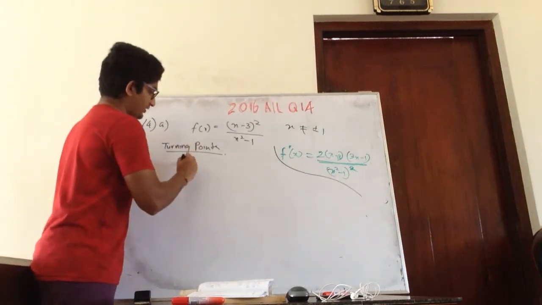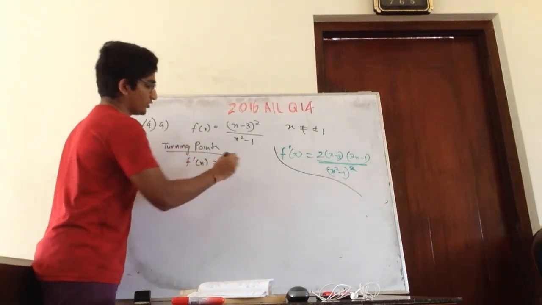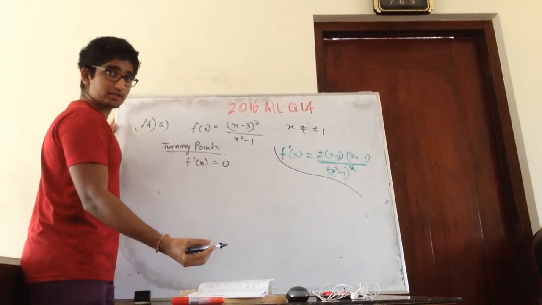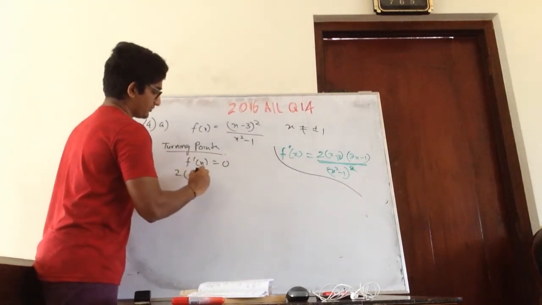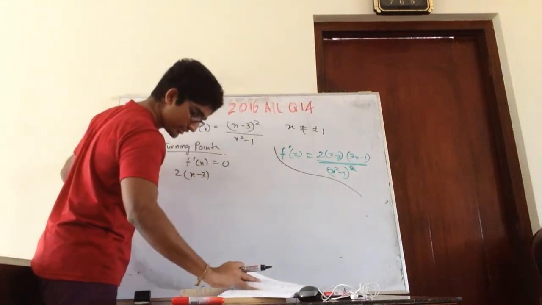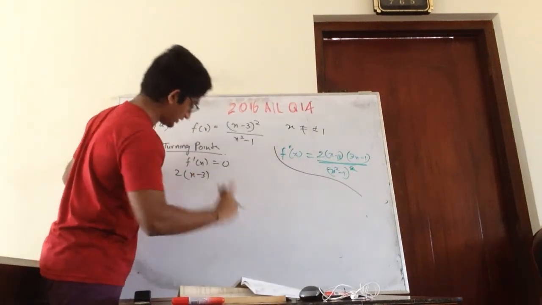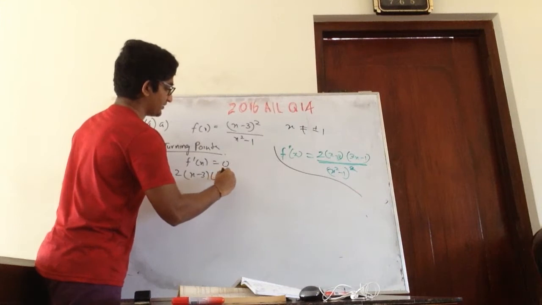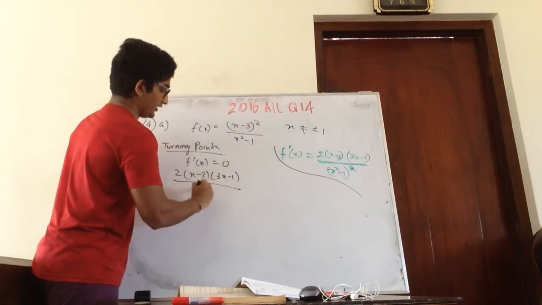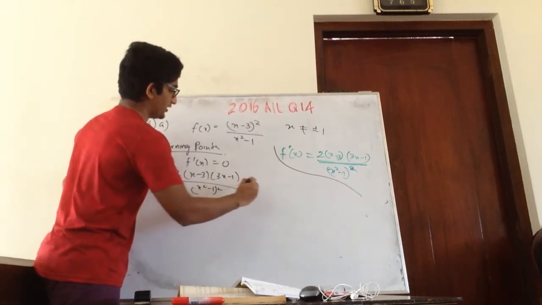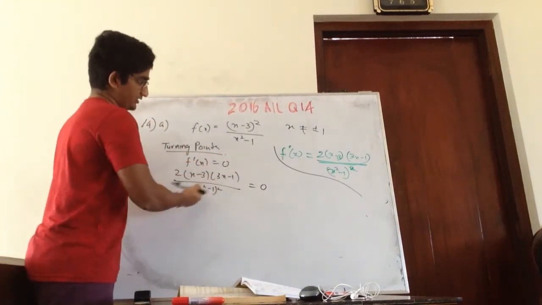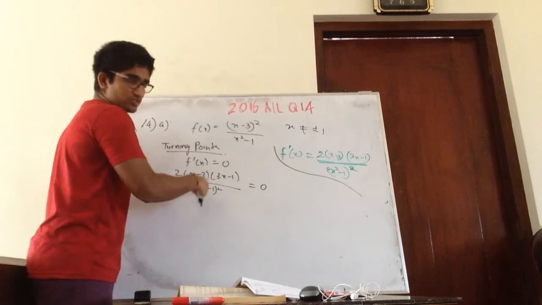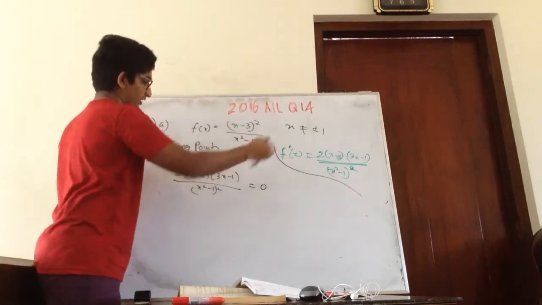That means f dash x equals 0. Correct, no? So here I get 2 times (x minus 3), (3x minus 1), over (x squared minus 1) squared, equals 0. Now this denominator part is not equal to 0, so I can multiply across.